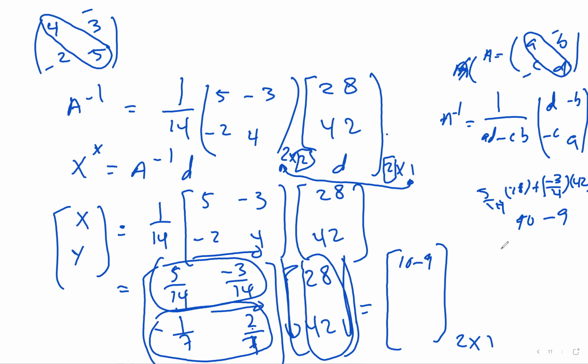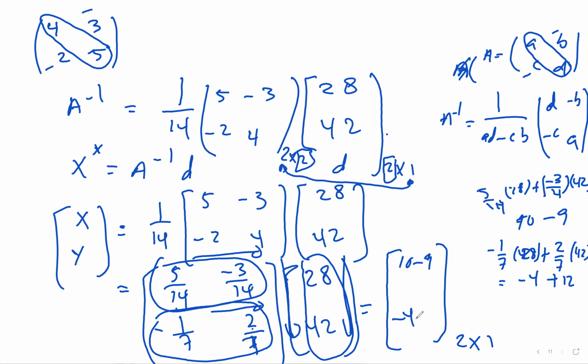For the second one, we take this row and multiply it again here. So we have minus 1 over 7 multiplied by 28, plus 2 over 7 multiplied by 42, and therefore that is equal to minus 4 plus 12.